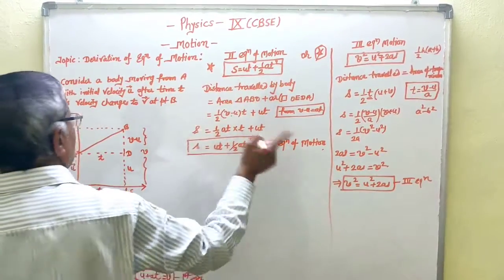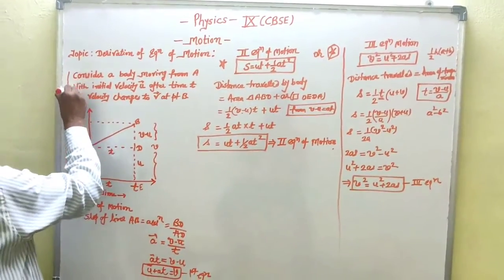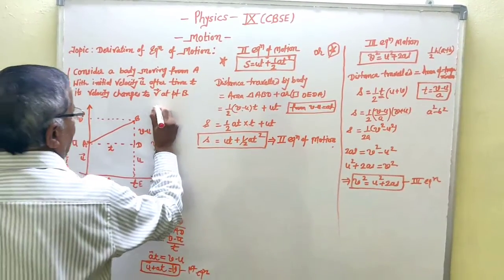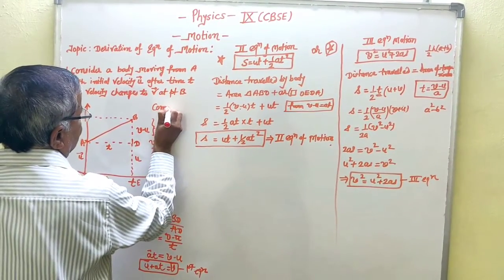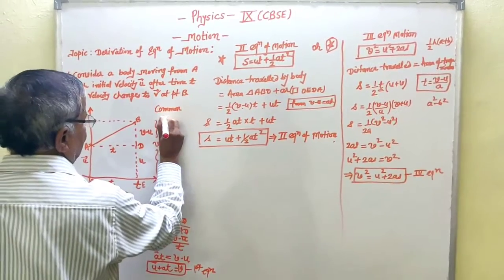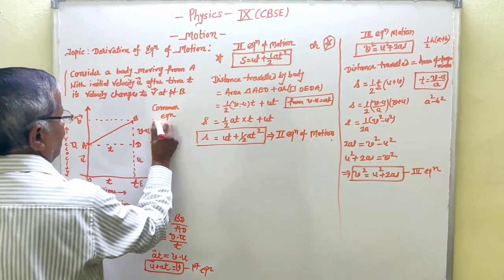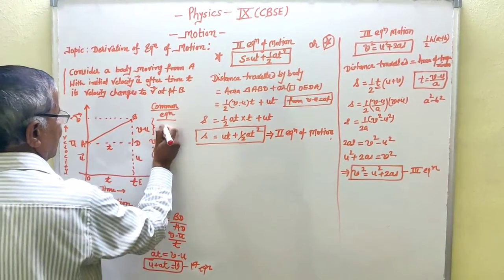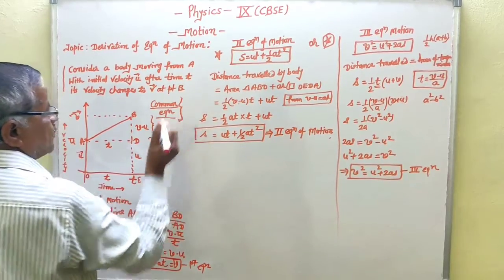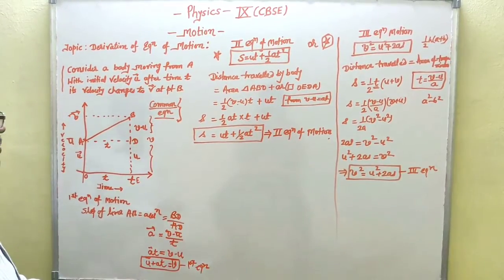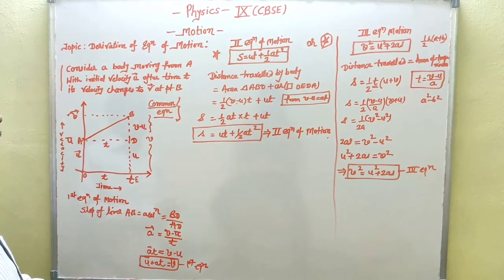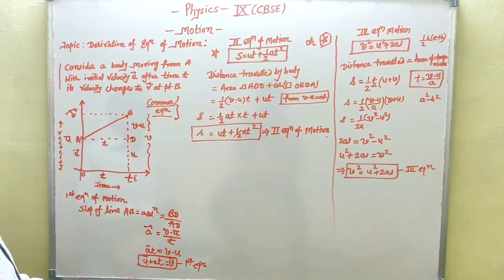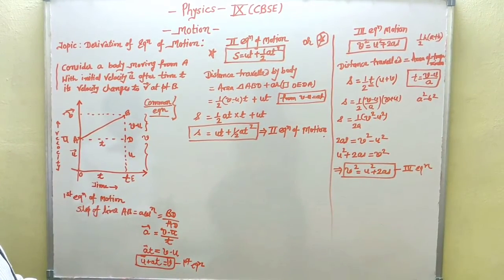But for these two, you have to draw the graph. The graph is common for all three equations. Drawing the graph is compulsory. Now you understand how to solve this problem. In the next lecture we will solve problems based on these equations.